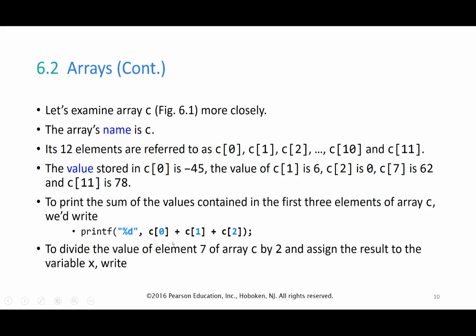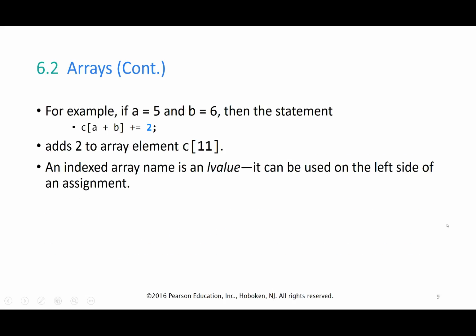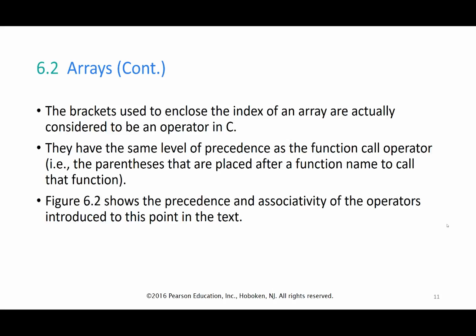This array, we have to assume, is an array of integers because of the values they stuck in there. Again, this is basically to divide the value of 7 by that. They're just giving more examples.